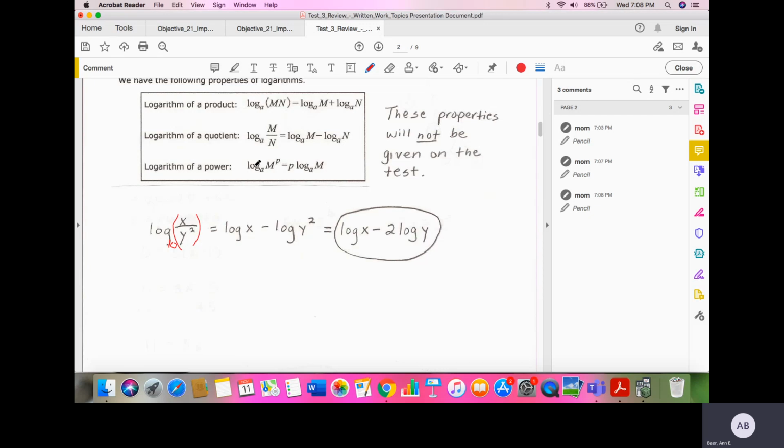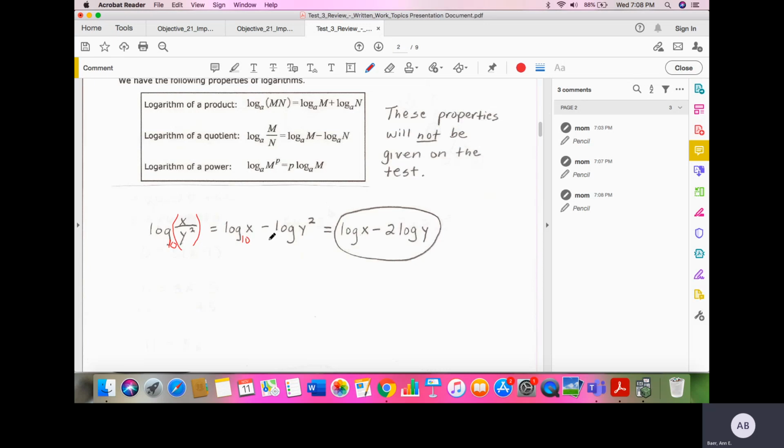So the log of a quotient is the log of the numerator minus the log of the denominator. So we have the log of the numerator is log of x in the normal line of writing, and we've got understood base 10 down here because it's log.